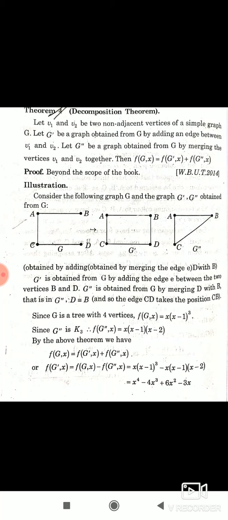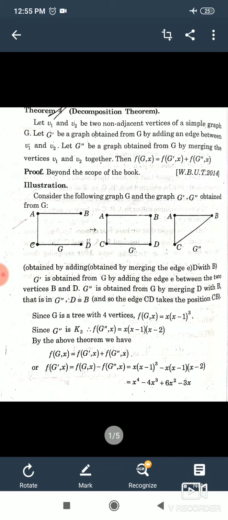Therefore the chromatic polynomial f(G, x) is equal to x(x minus 1) to the power 4 minus 1, that is x(x minus 1) cubed, and G'' is a complete graph with 3 vertices. So the chromatic polynomial f(G'', x) equals x(x minus 1)(x minus 2).